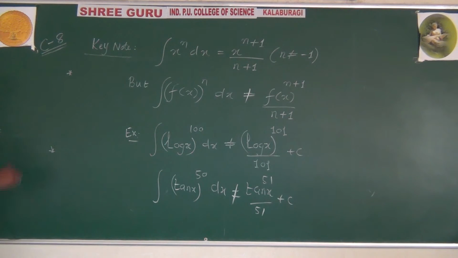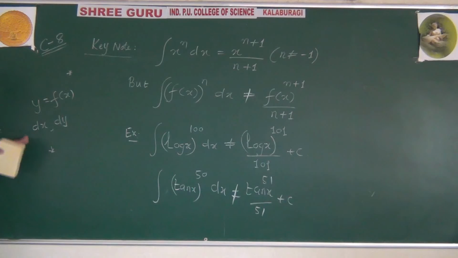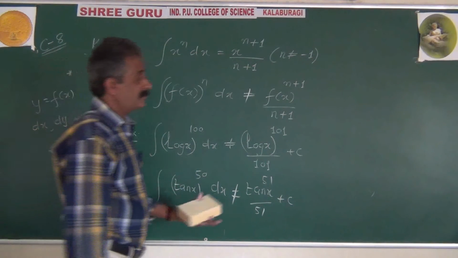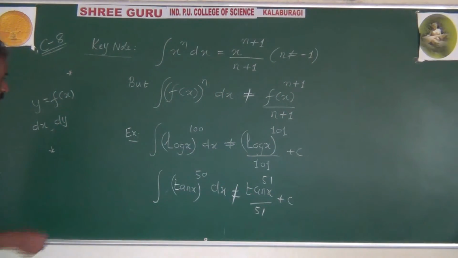See here, in the function y equal to f of x, many times we usually use dx, dy. dx, dy are respectively called differential of x, differential of y. So here dx, dy are noted as differential of x, differential of y. Did you read that?